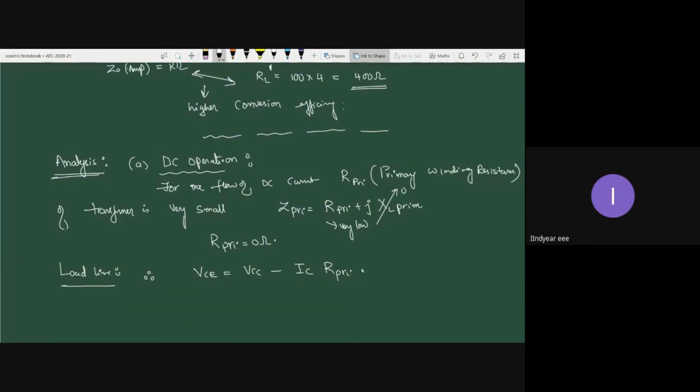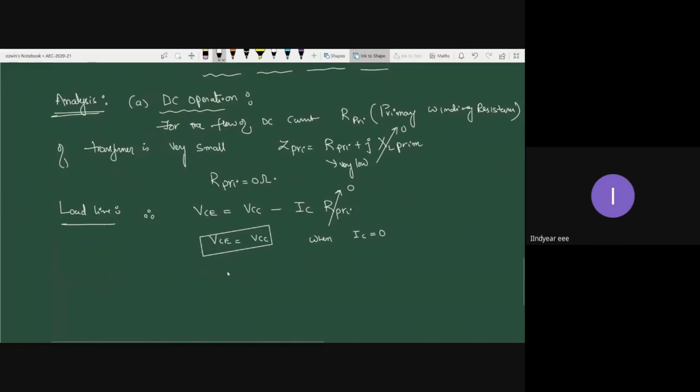You have the primary winding resistance of the transformer. Now, you had seen that the primary winding resistance is 0 ohm. So what you get is VCE is equal to VCC when you take IC is equal to 0.